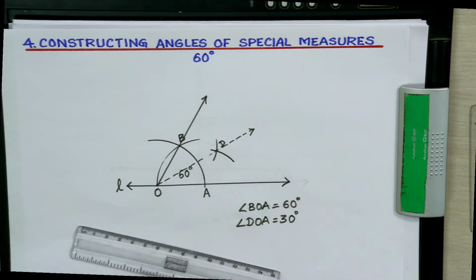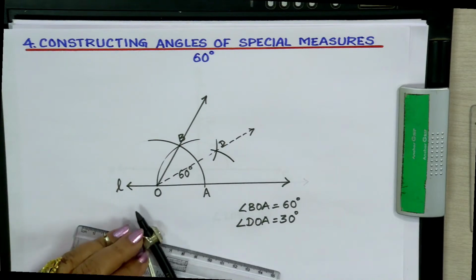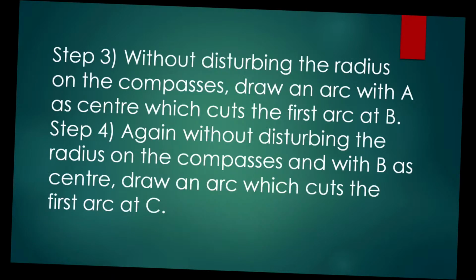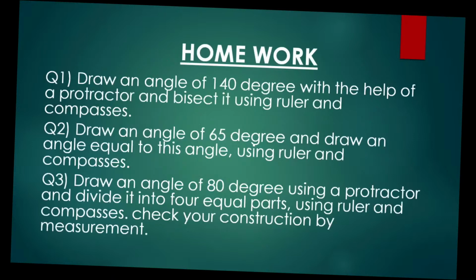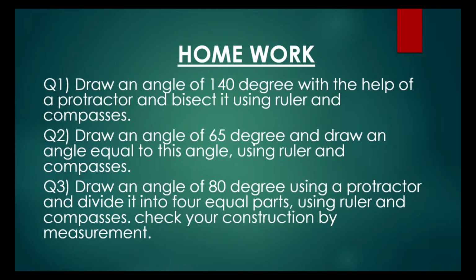Okay, children. Now, let us have some questions for homework. You may please note it down. Question number 1. Draw an angle of 140 degrees with the help of a protractor and bisect it using ruler and compasses. Question number 2.